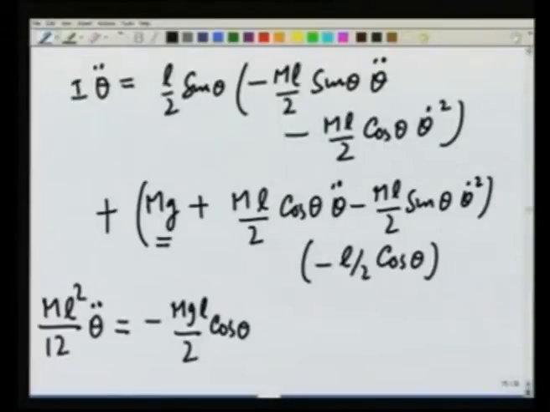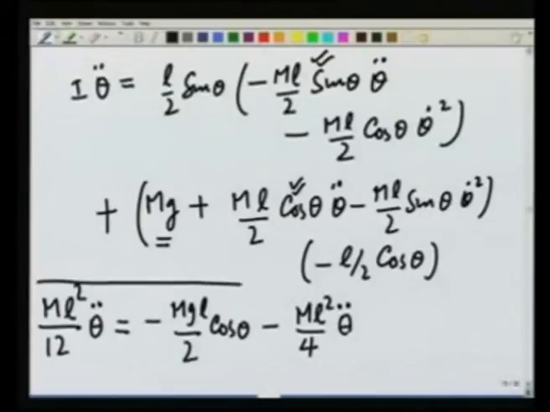Then I am going to have minus m L square by 4 cosine square theta coming from here, minus m L square by 4 sine square theta coming from here, that will give me minus m L square over 4 theta double dot, that takes care of this term and this term, and finally I am going to have plus m L square by 4 sine theta cosine theta theta dot square from here and plus m L square by 4 sine theta cosine theta theta dot square from here. So, that term cancels. So, this is my final equation.